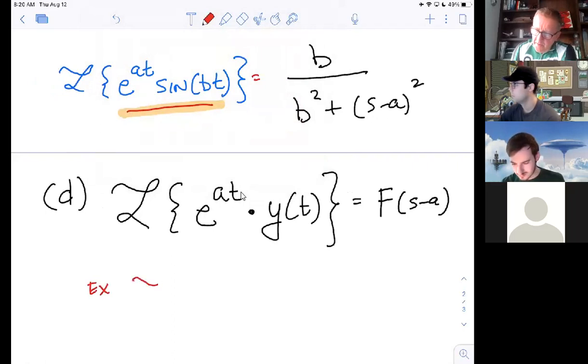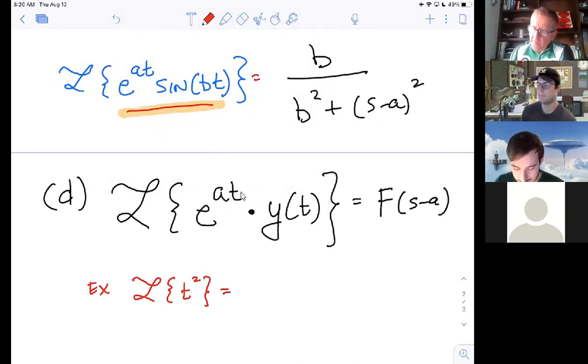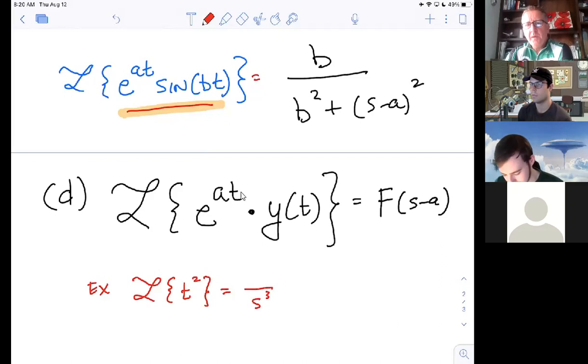Like yesterday, didn't we figure out what the Laplace transform of t squared was? Now we didn't do that completely. But we said it was something factorial over something. What I remember is, since that's t squared, this was always one higher power. I'll look at the sheet again with you.